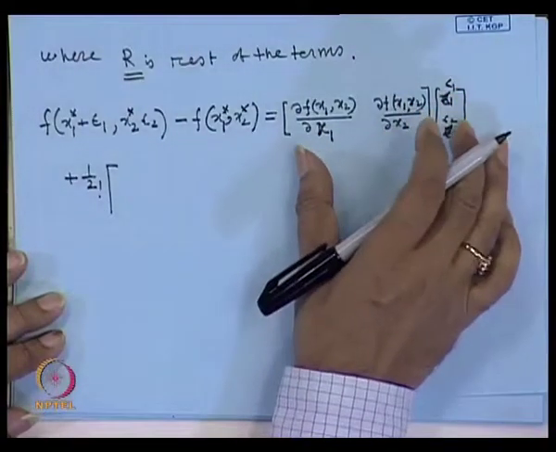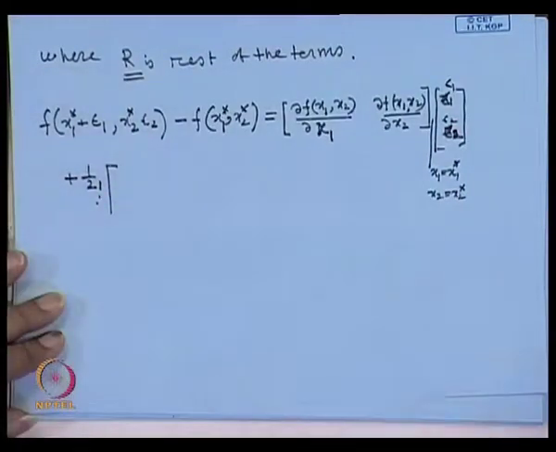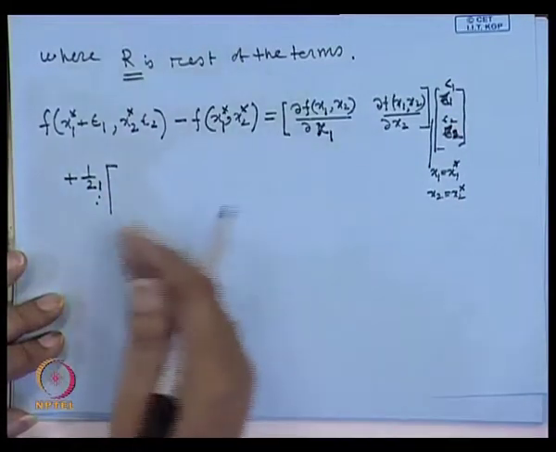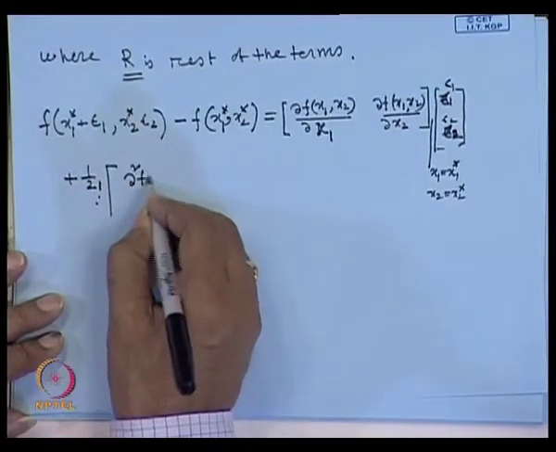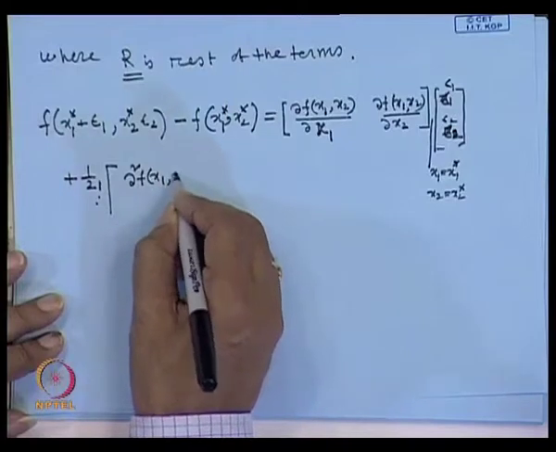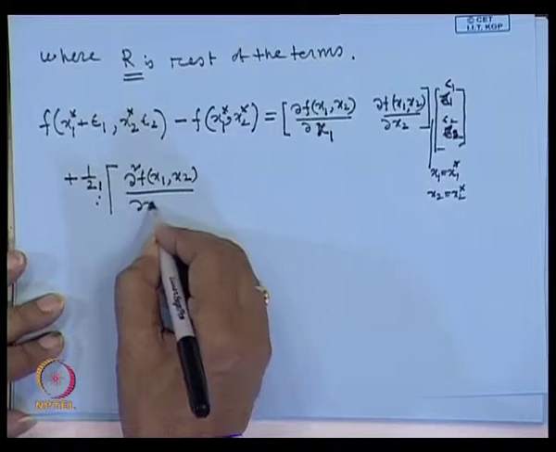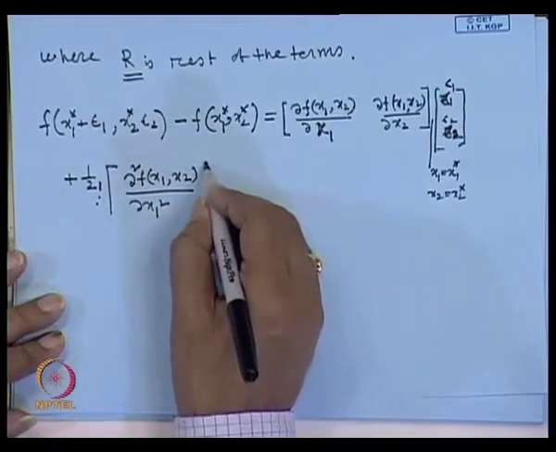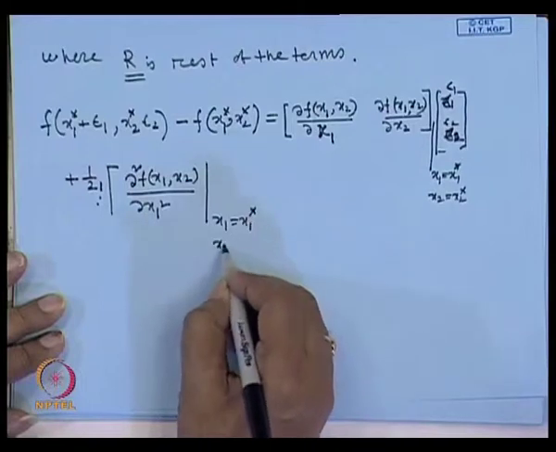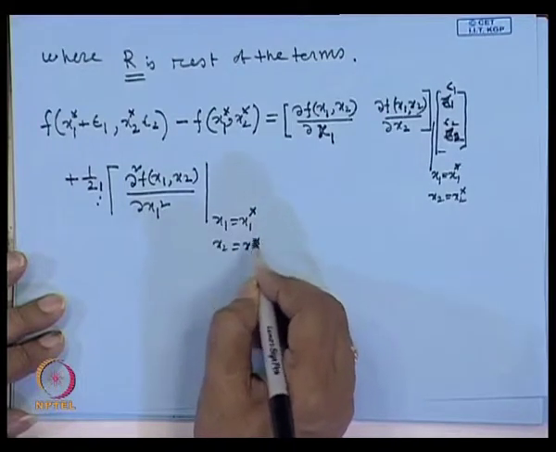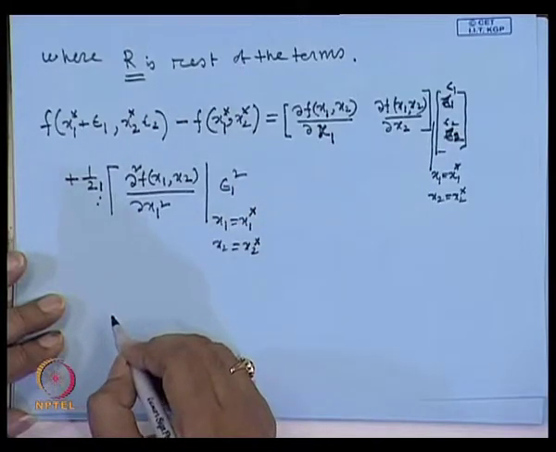Keeping this in mind, let us see what the second order derivative part is and what we can write. This is del square f of x1, x2 by del x1 square, evaluated at x1 equal to x1 star and x2 equal to x2 star, multiplied by epsilon 1 square, agree.